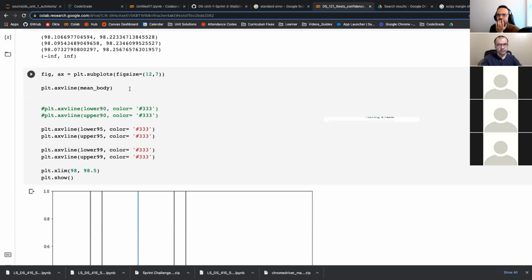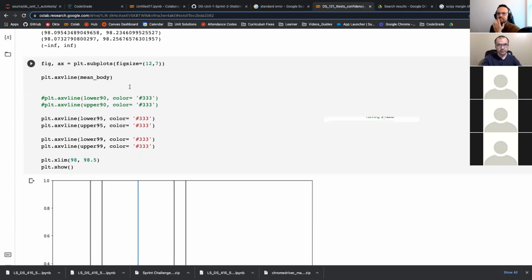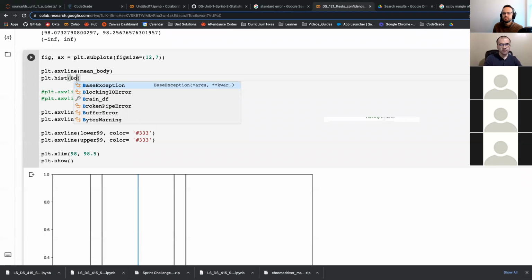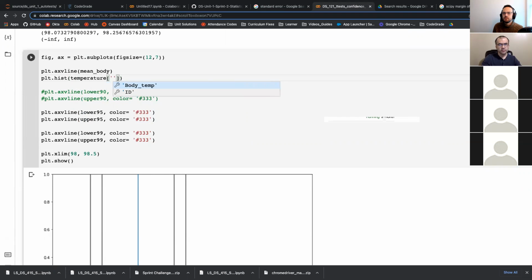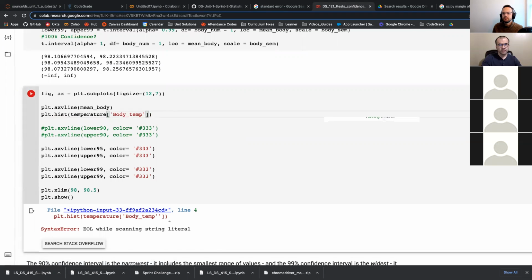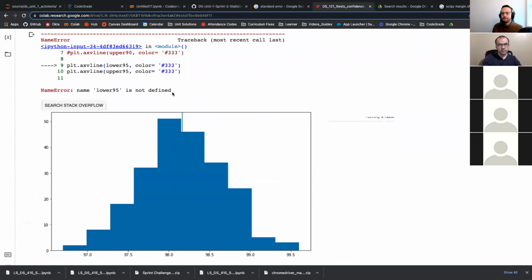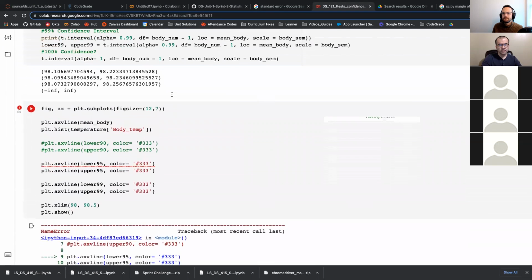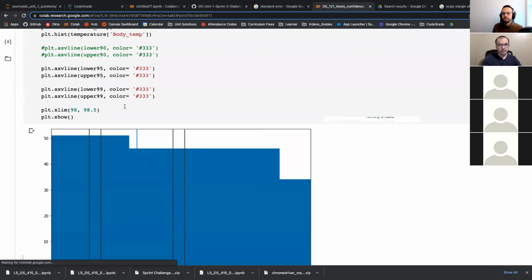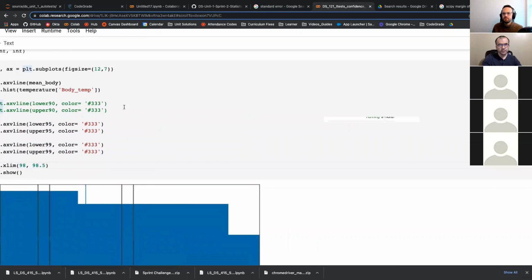This is body temperature. Histogram. Temperature. Typo. Okay. Any questions you might be coming up with so far?